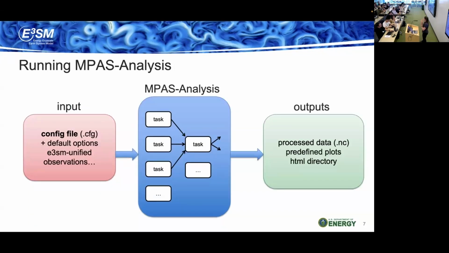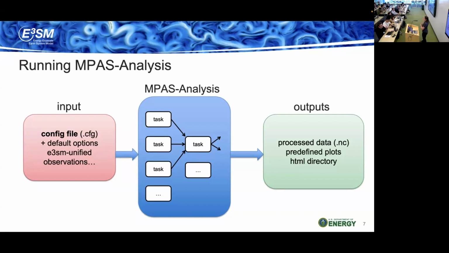In short, for today, what you need to know is that running MPAS-Analysis, this is the workflow. You start with an input. This is going to be a config file, .cfg file. This particular config file that I put in bold here is the part that you get to edit. And, like what we're talking about with the namelist options, you get to add the things that you change compared to the default.